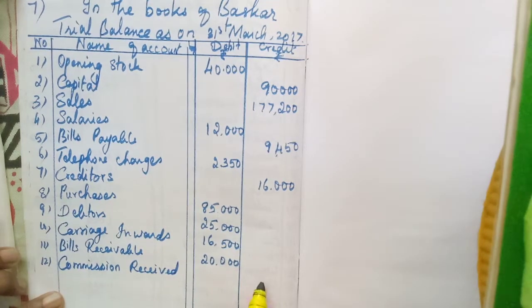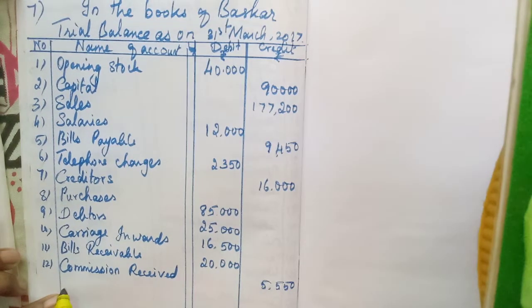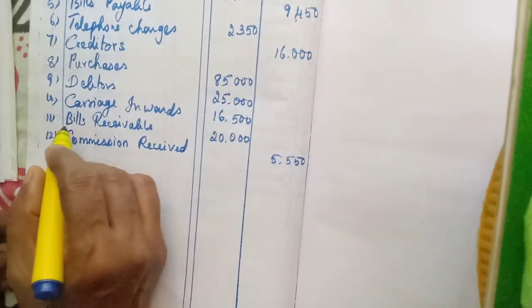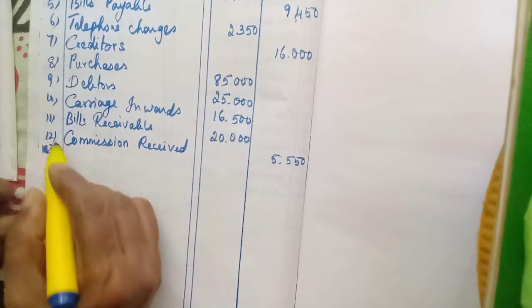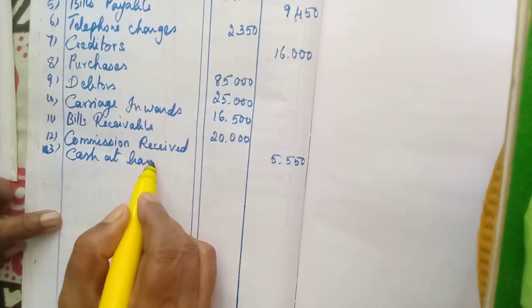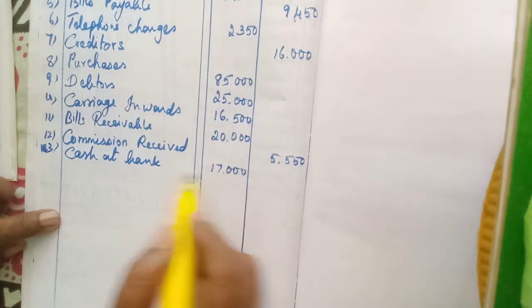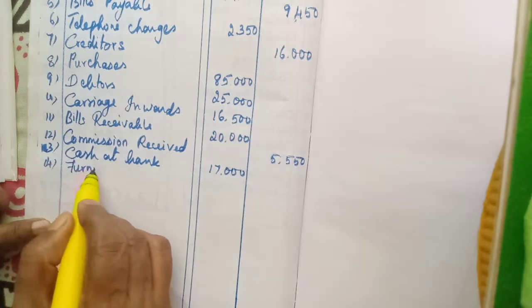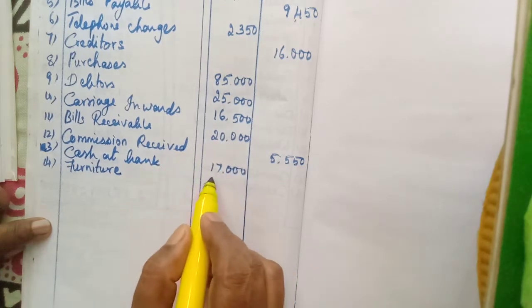$5,550 income, isn't it? So 5,550. After commission received, cash at bank 17,000. That is asset. Furniture $19,000.